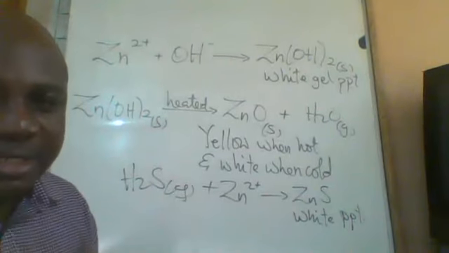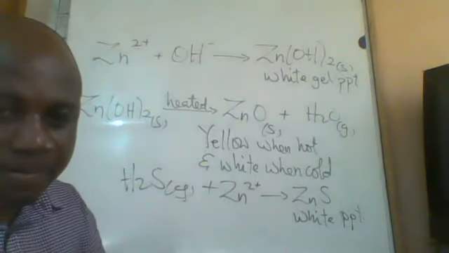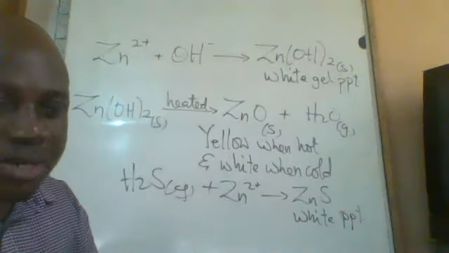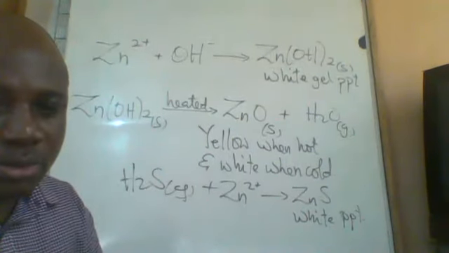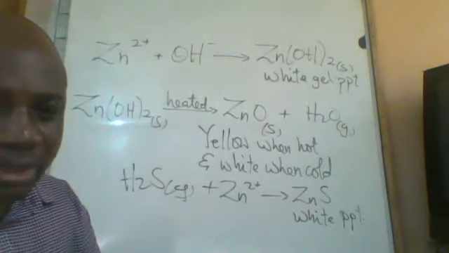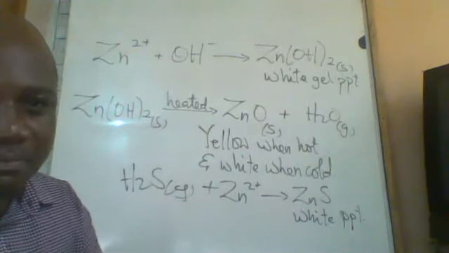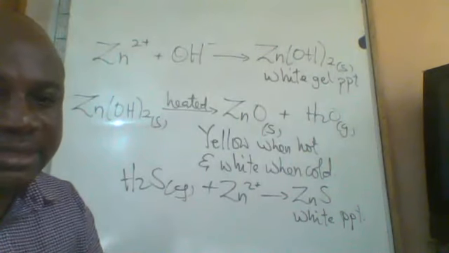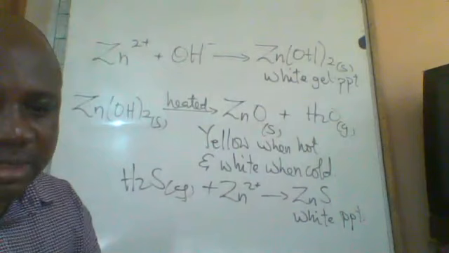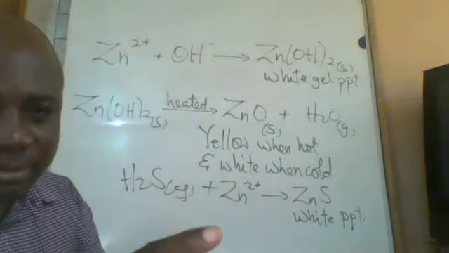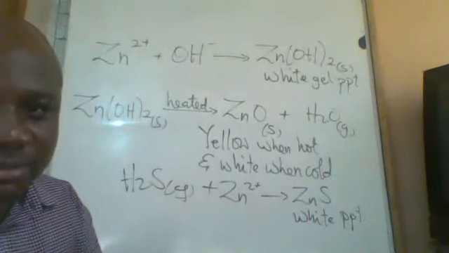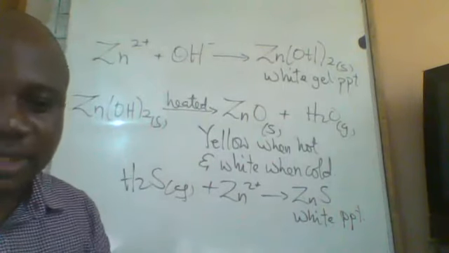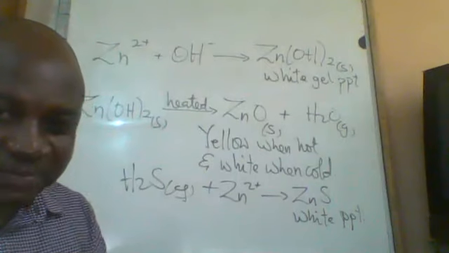Now there's another reagent that can be used. That is potassium hexacyanoferrate(II). This chemical can also be used to confirm the zinc. And when this solution is added, it gives a greenish to white PPT. And that also confirms that the zinc 2 ion is present.